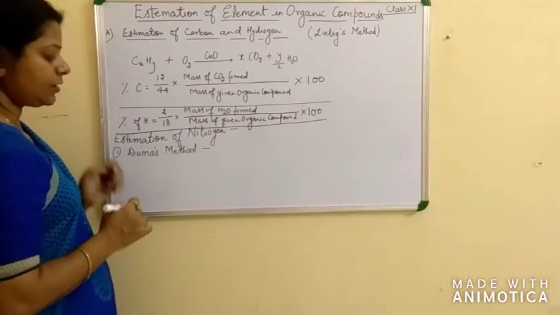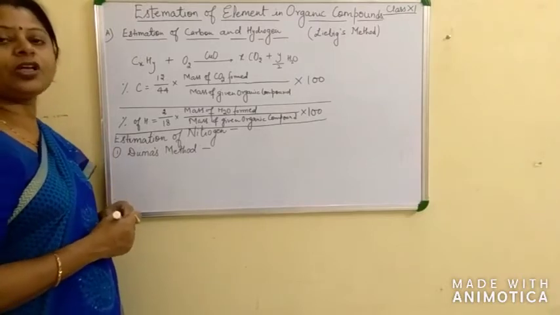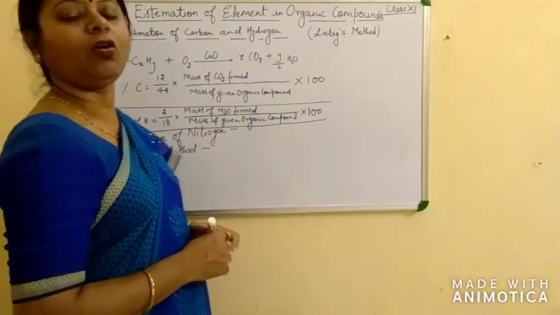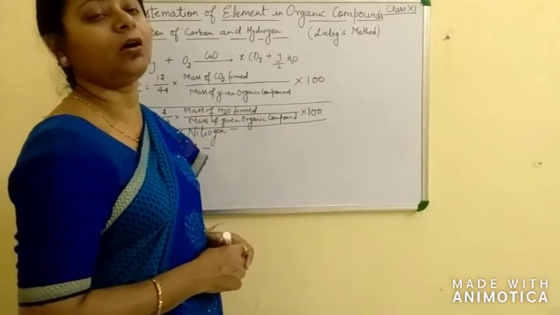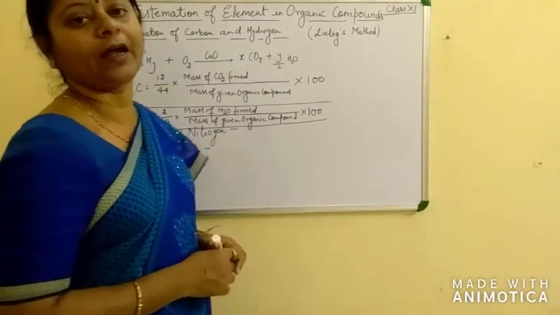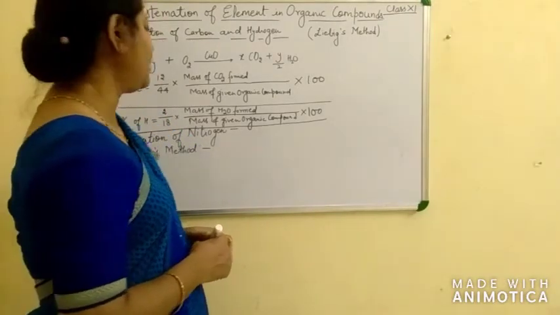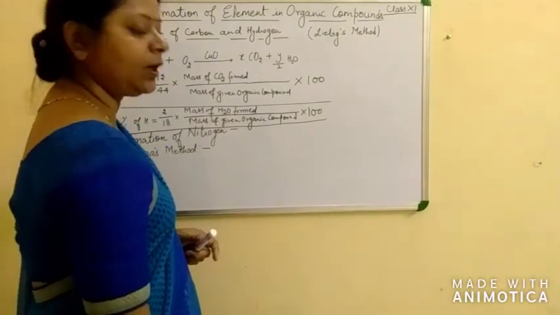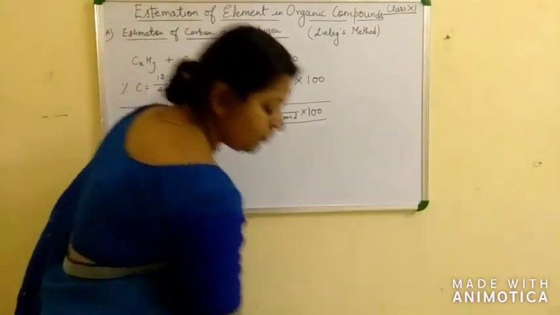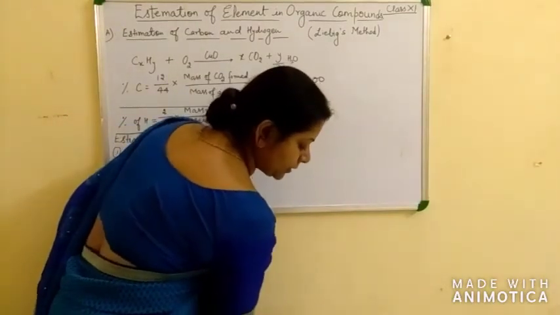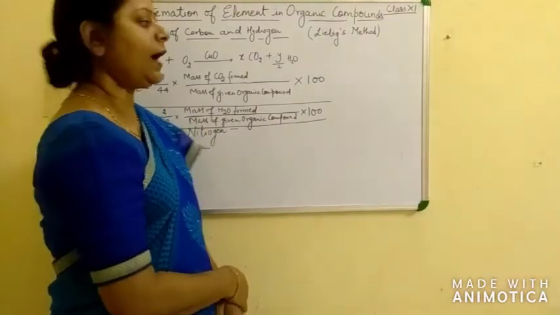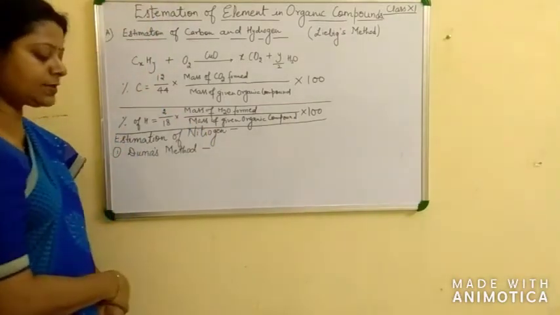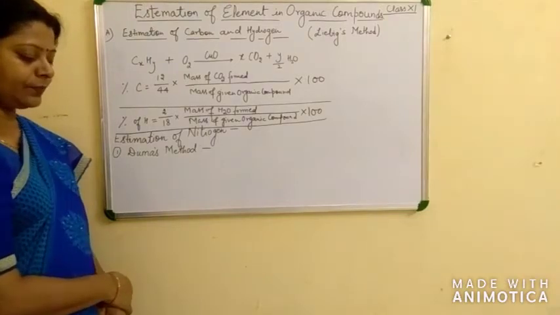Next, if nitrogen is present in any organic compound, how do we calculate the percentage of nitrogen, or how do we estimate the nitrogen? We can do this by two methods. The first method is known as the Dumas method and the second method is known as Kjeldahl's method.